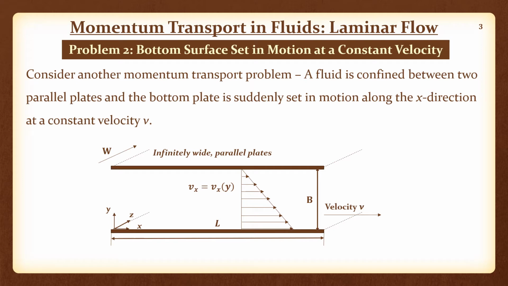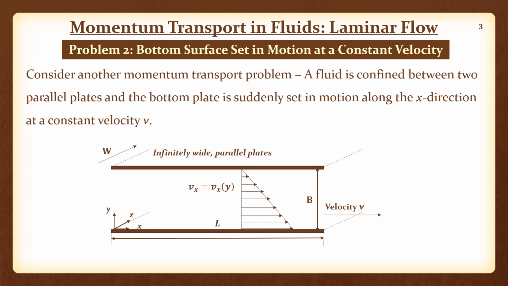The top plate is stationary, and the coordinate system is indicated as shown at the left bottom corner. That is, the entrance point at the left bottom corner is taken to be the origin, and x is the horizontal direction, the direction of flow, the direction of motion of the plate.